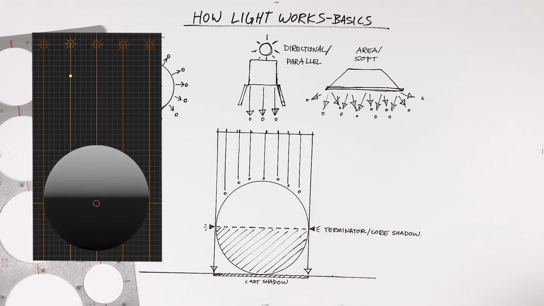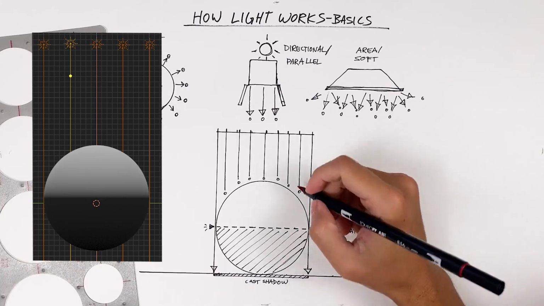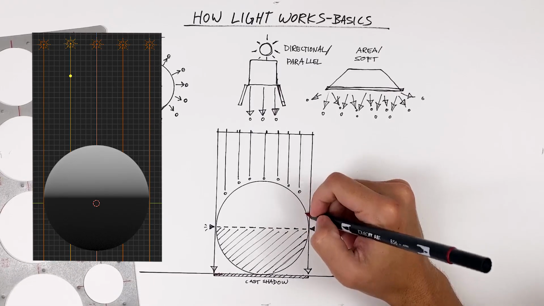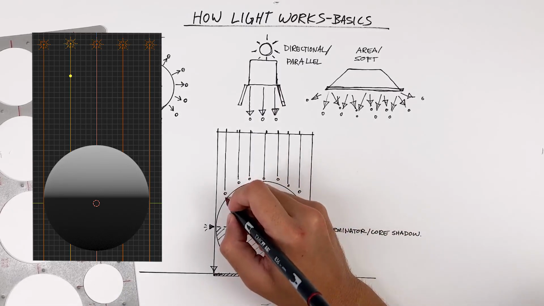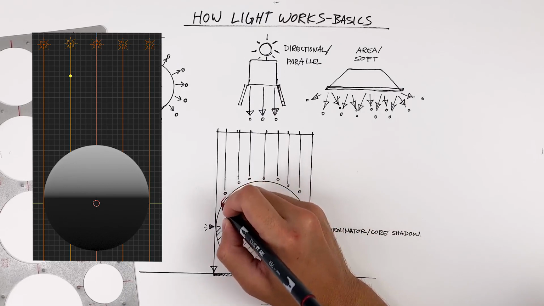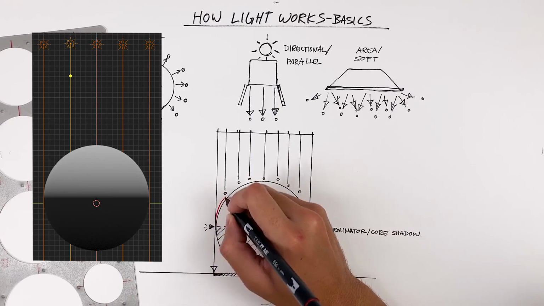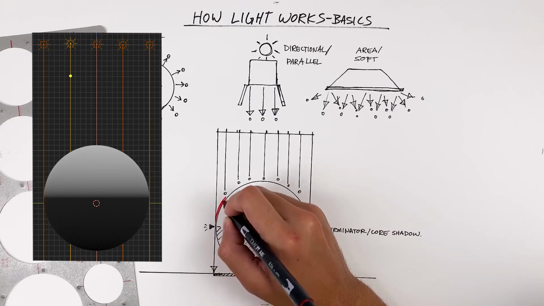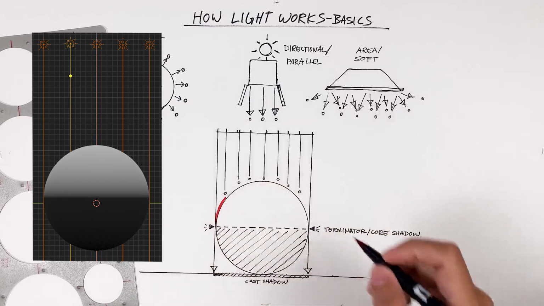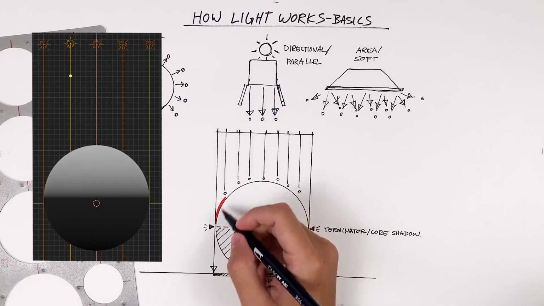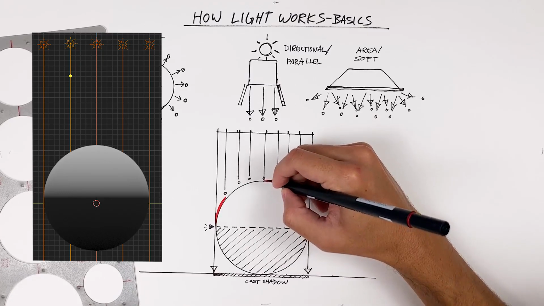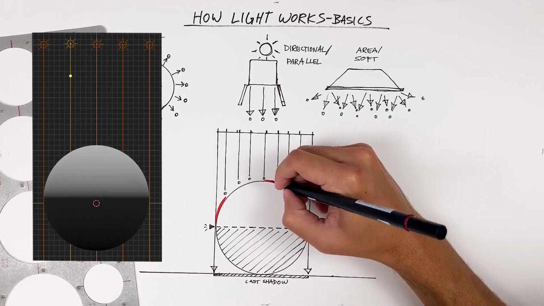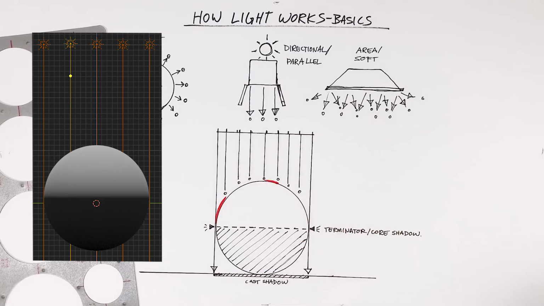The main thing I need you to notice is the difference in surface area on the sphere between this area along the edges of the shape and this area near the top of the shape.